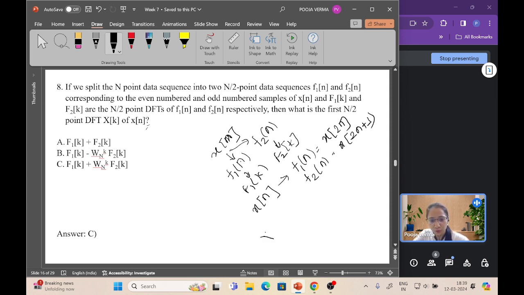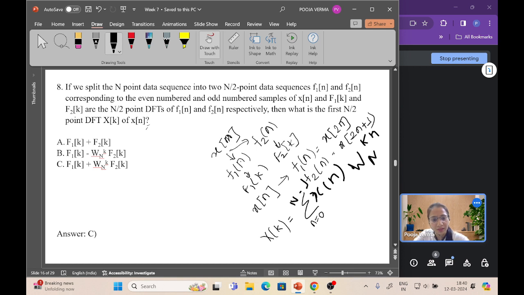And as we know, the DFT of an N-point sequence, where n varies from 0 to N minus 1, is x(n) multiplied by W_N^nk.